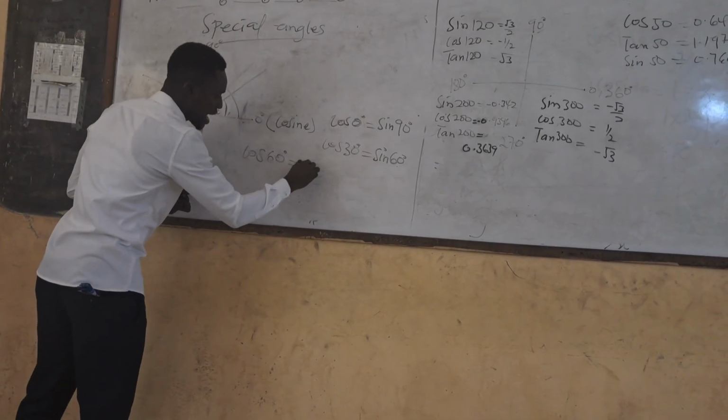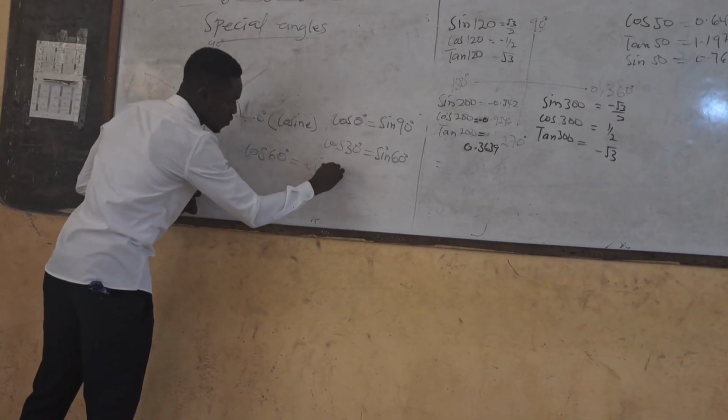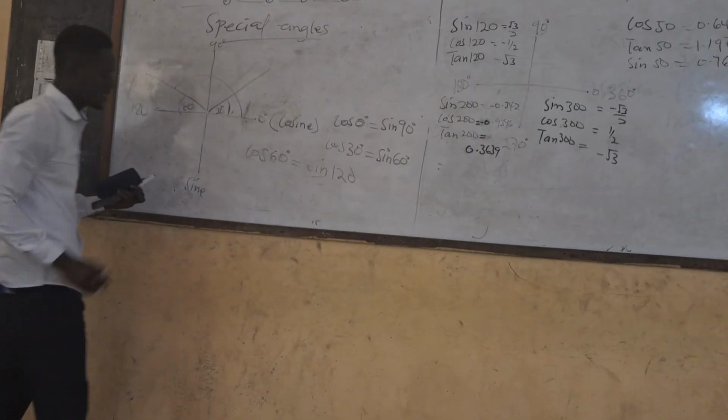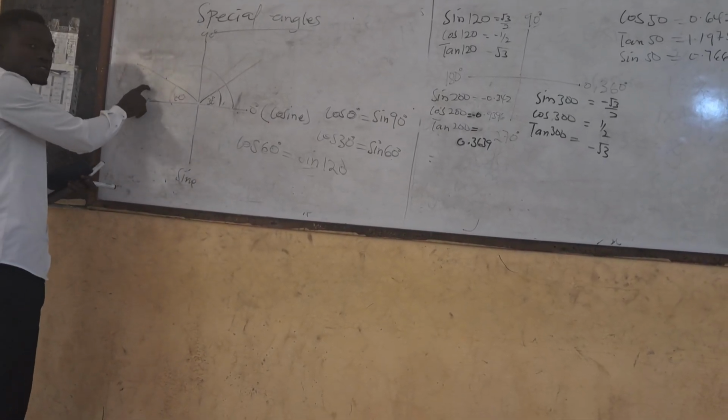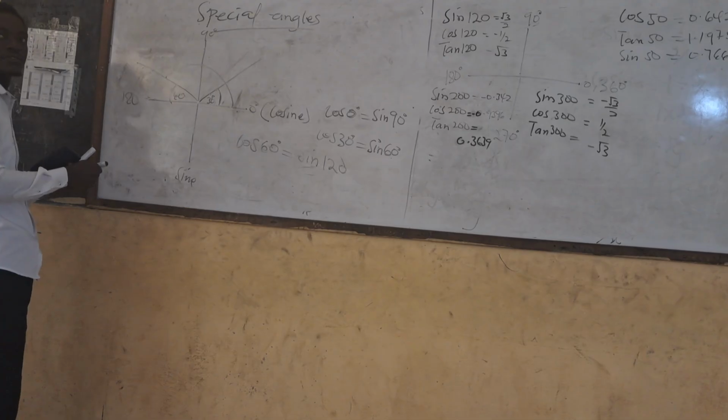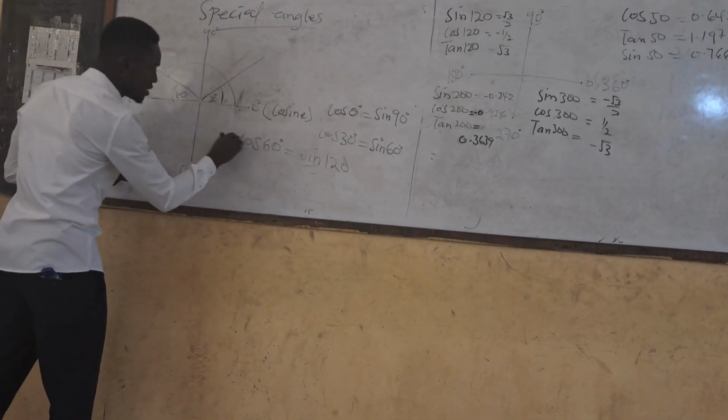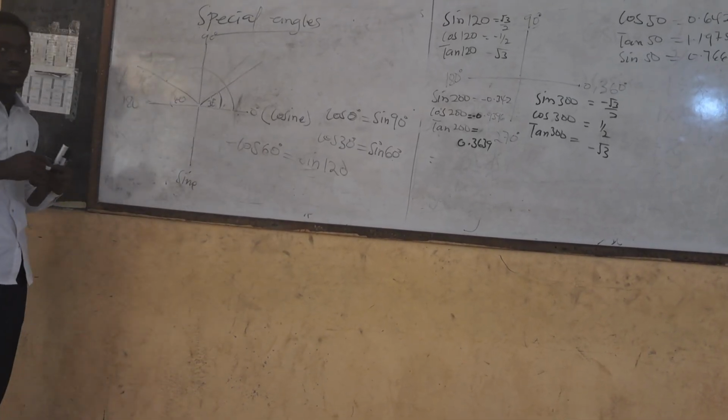So sine 120 degrees. But note, here cos is negative, so you have to negate this before you punch.